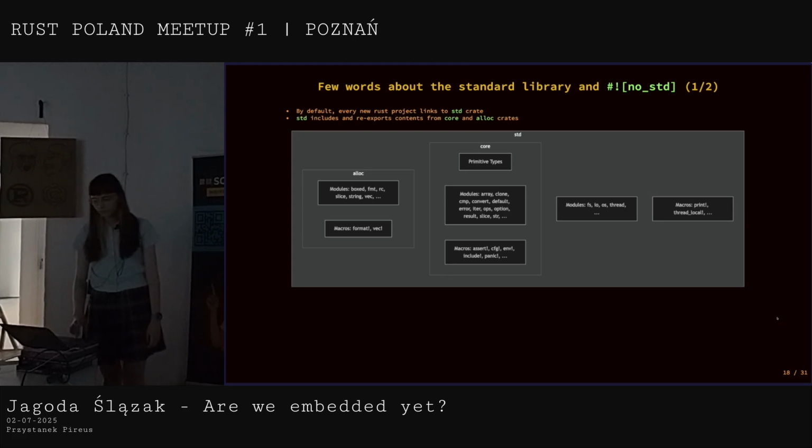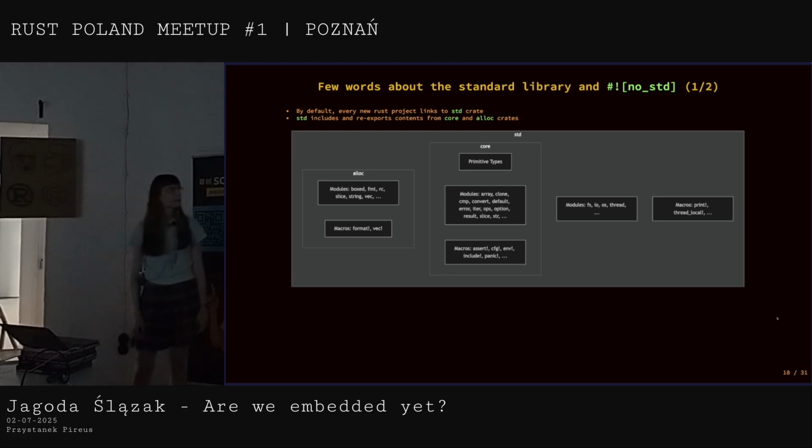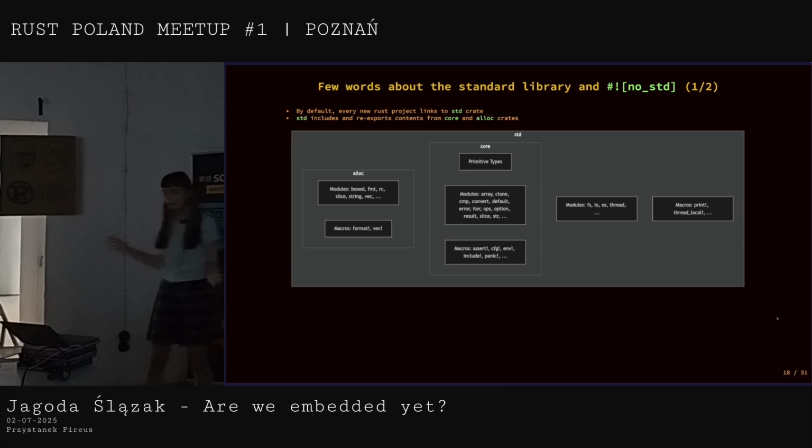But core is the most fundamental part of the Rust standard library. It includes all the primitive types. It also includes many traits that are, I think, like a glue between the language and the ecosystem.